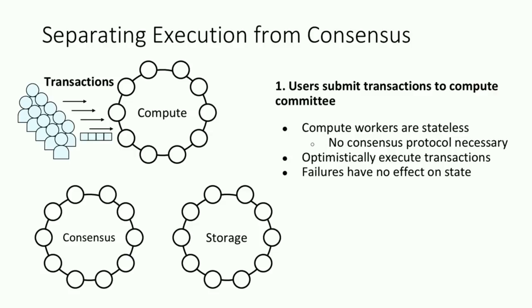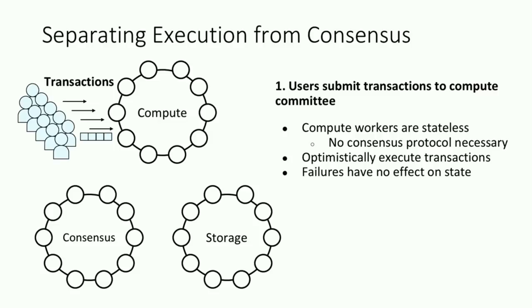I think there's limited time, so I probably won't have time to go into the details here. Essentially, to separate execution from consensus, the compute layer does the computation, and in this case the compute nodes are stateless, so no consensus protocols are necessary, and they can optimistically execute the transactions.